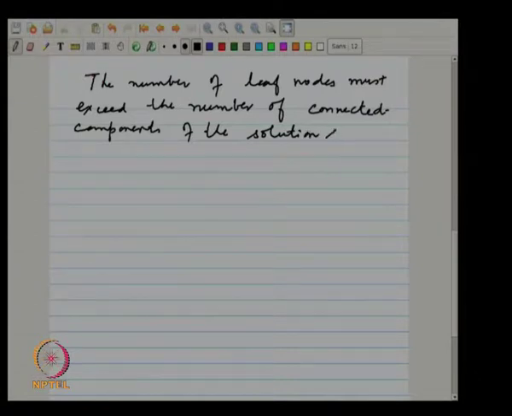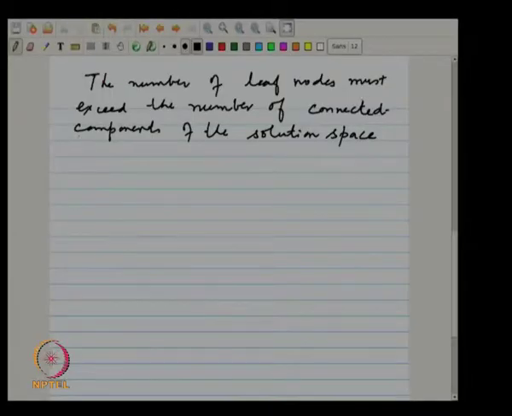So, every region has at least one leaf node? We are only arguing greater than or equal to. Every region may have more than one leaf node, but certainly the number of leaf nodes must be more than the number of regions. That's all we need.